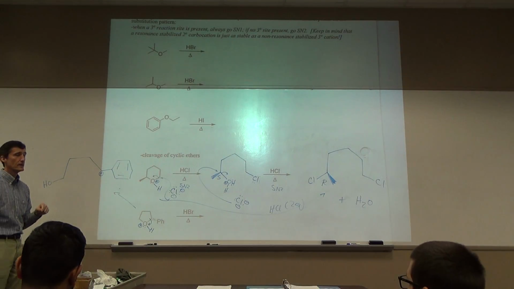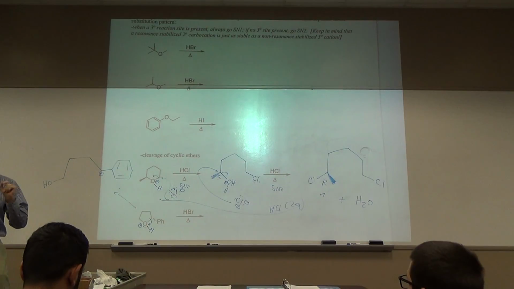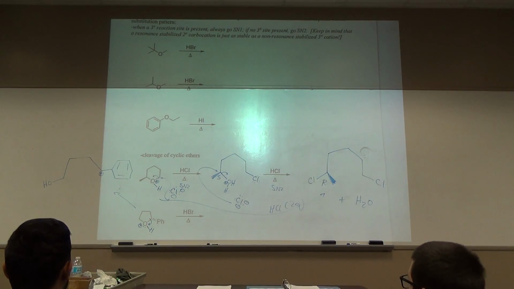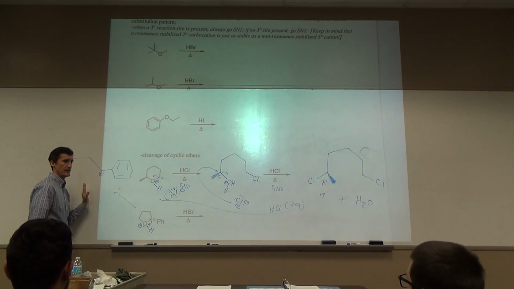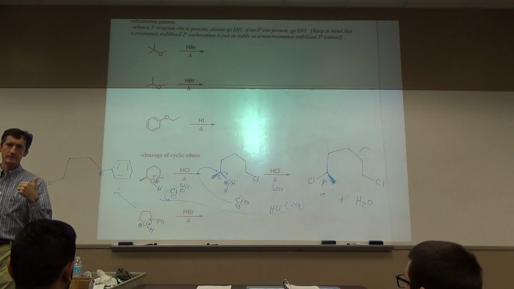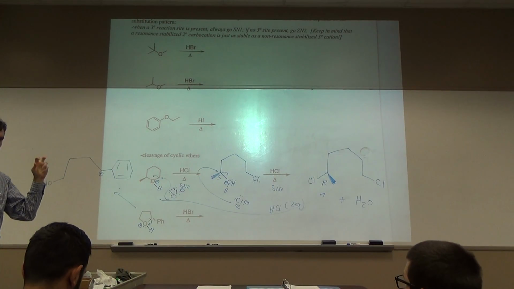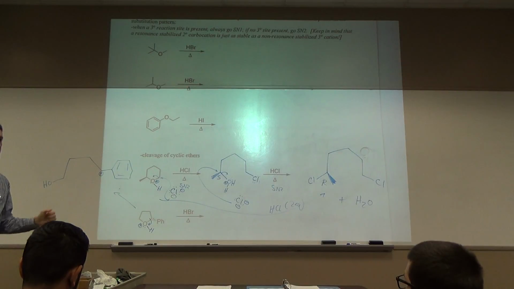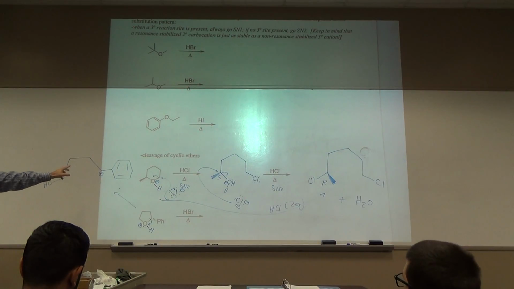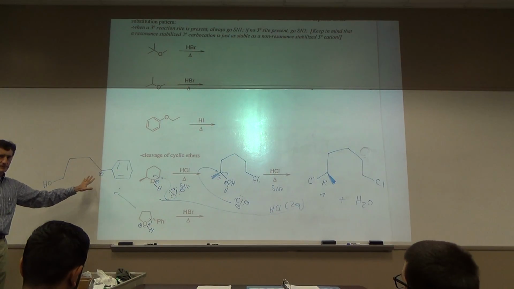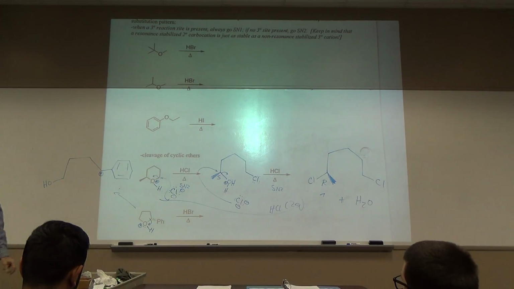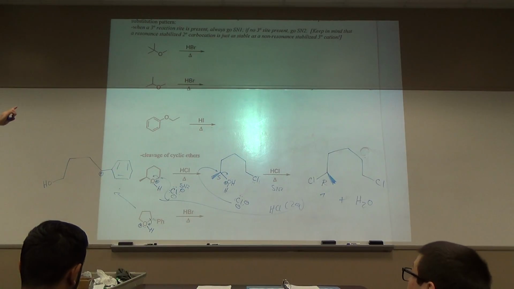Why is that better than just any plain old secondary? It's resonance stabilized, and resonance essentially bumps your characterization up a notch. That resonance stabilized secondary cation is just as stable as a plain tertiary, or even better. And I say that up top, don't I?